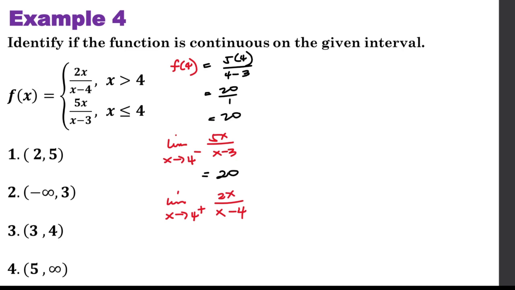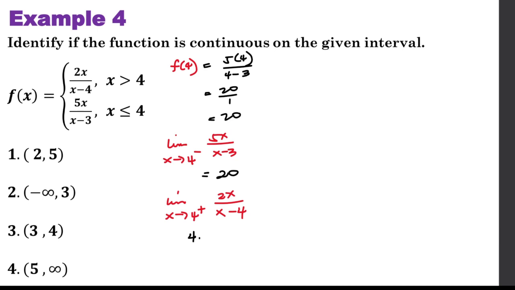Upon looking at our function, if we try to substitute 4 into our equation, we would have undefined. To be exact, that would be 8 over 0. And if that is the case, we are dealing with infinite limits. So what we're going to do now is to use values from the right of 4.